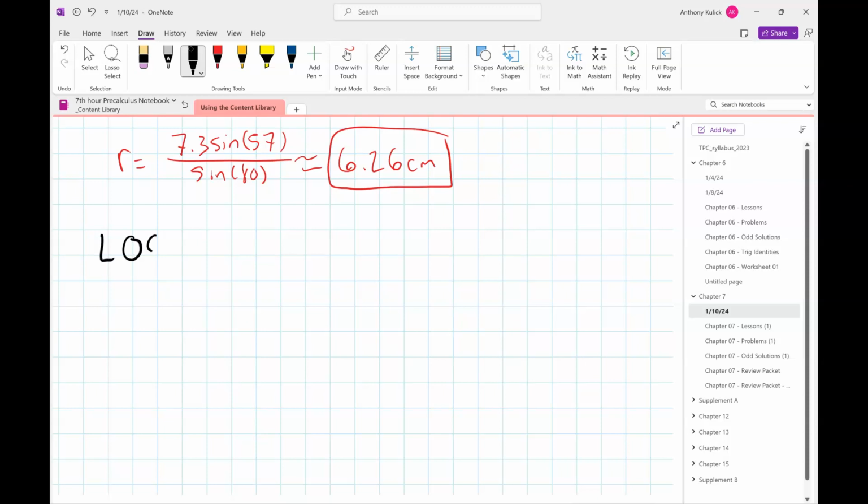So our law of cosines, there's like 3 versions of it.